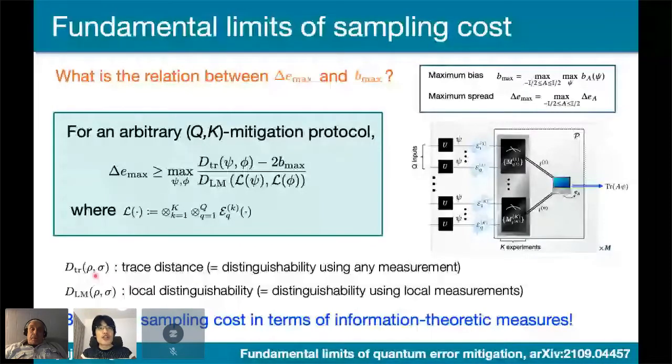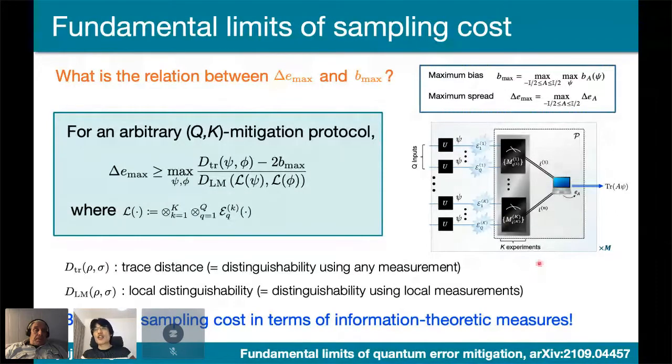And this D_LM is another type of distinguishability measure, which might be less familiar to you. This is a local distinguishability measure. It is still a distinguishability measure, but in a situation where you're only given local quantum measurements. If you say local, you also need to define what the local subsystems are.